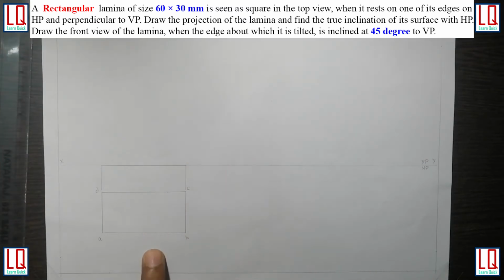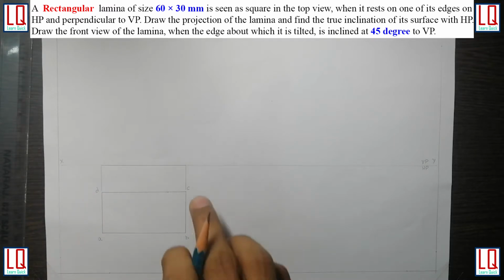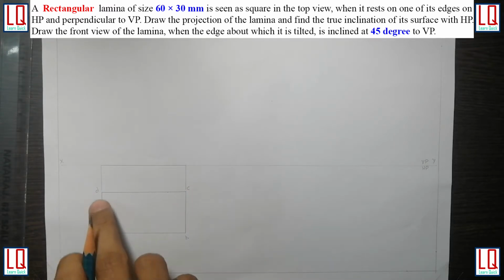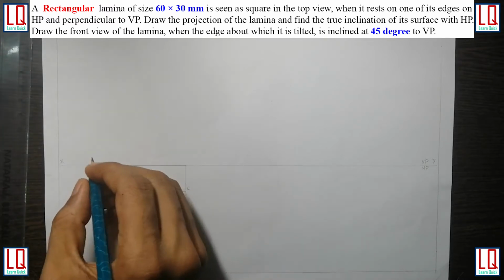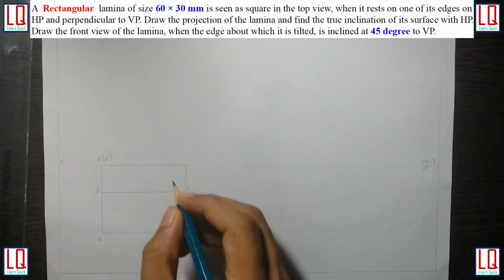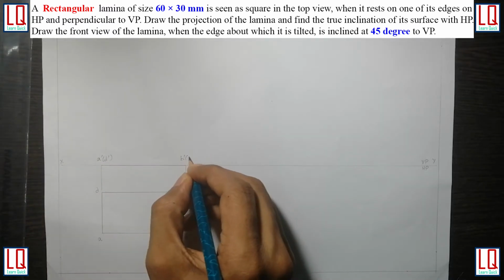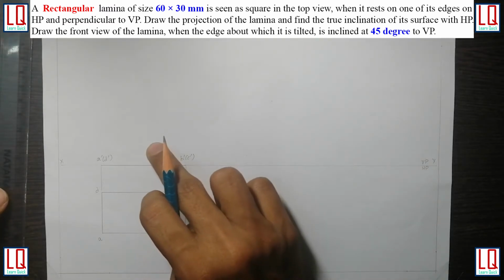When you view from the front, A is visible but D is not visible, B is visible and C is not visible, and D is exactly behind A and C is exactly behind B. So here I mark A dash bracket D dash, B dash bracket C dash. Now we have completed step 1 and step 2.